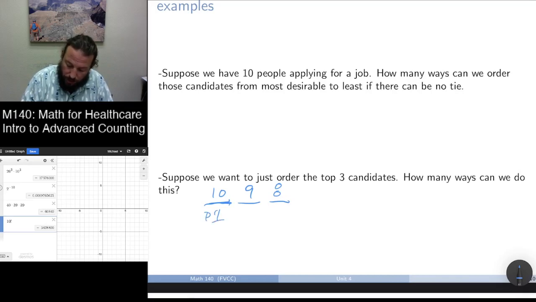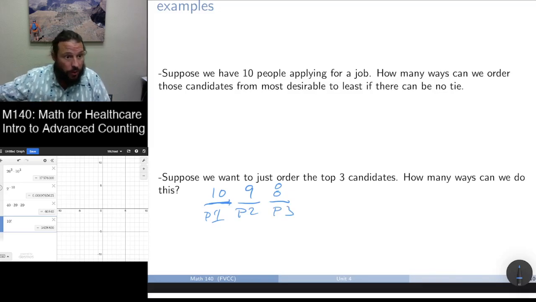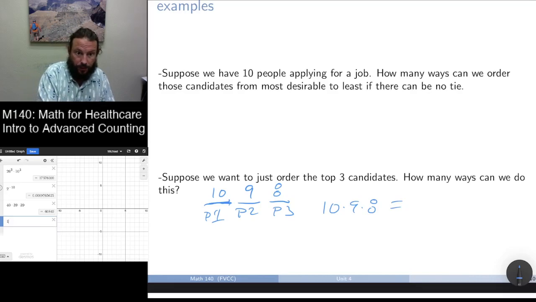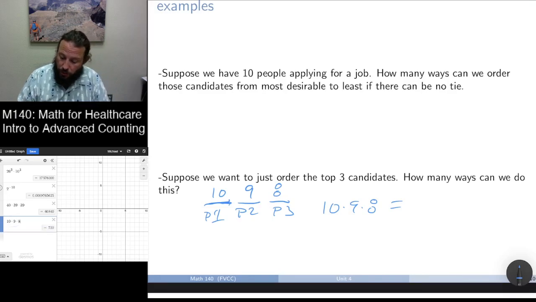Let's be clear: position 1, position 2, and position 3. We don't care about the rest of them. So we use our multiplication principle, and we get 10 times 9 times 8, and it's important that we distinguish between the two. This is 720.